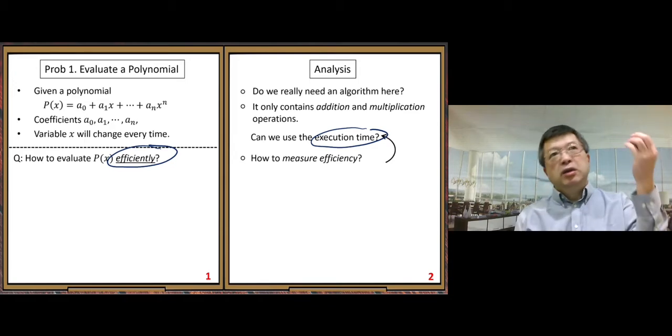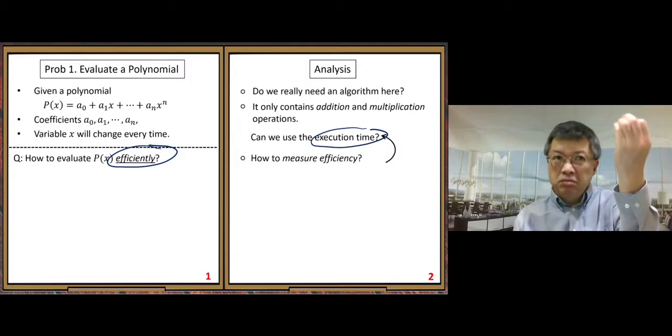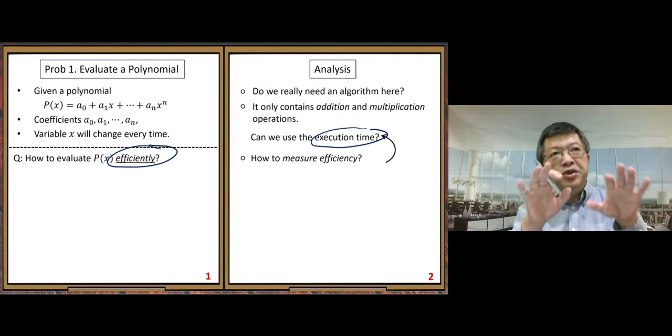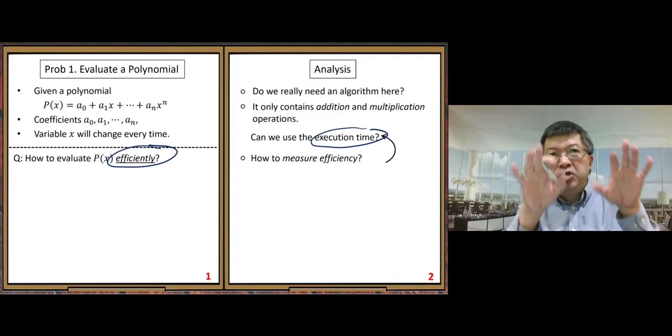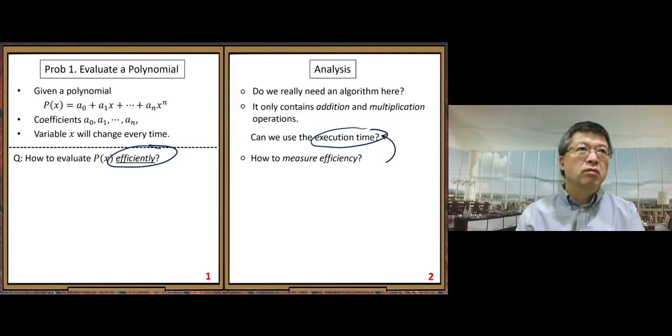Is that a good measure? That measure is useful, but it has its own problem. It is very hard to compare two different algorithms using their response time. The reason is very simple.